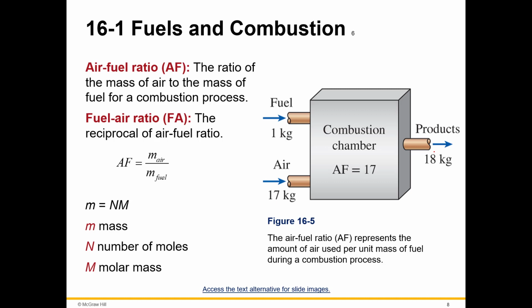So it's important to know that what you have over here is the ratio of the mass of air, 17, over the fuel, which gives you an AF of 17. But then when you have the product, those are added. Okay, so that's how we get those.